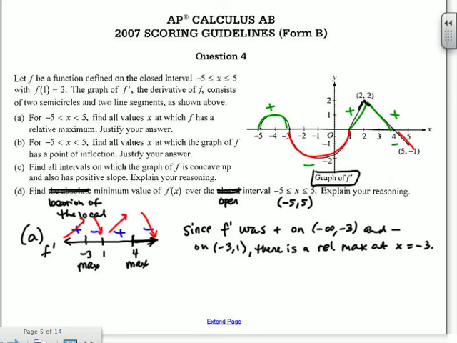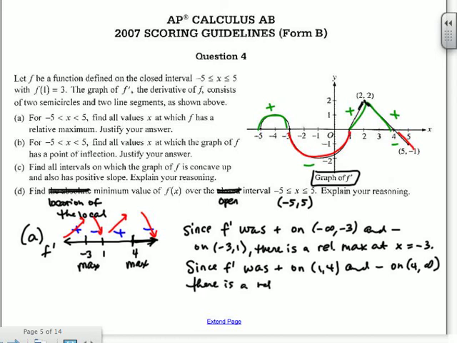And then I do the same thing. Since f prime was positive on 1 to 4 and negative on 4 to infinity, there is a relative max at x equals 4.